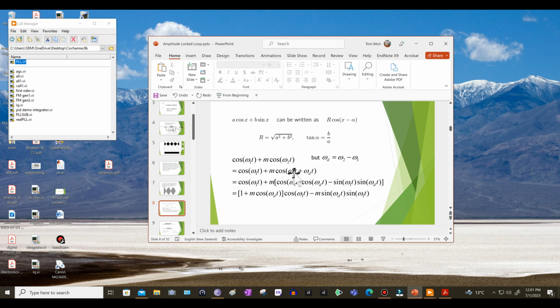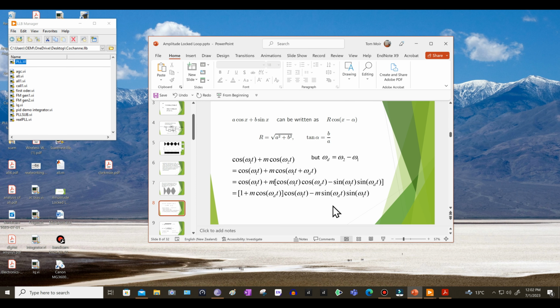But cos of a plus b, if you like, is cos cos minus sin sin, so we can expand that with the usual trigonometric formula. And collect terms of all the cos omega 1t over here and the sin omega 1t on the right hand side, and now we've got it in that form: a cos x plus b sin x, where a is 1 plus m cos omega d t, that's omega difference t, and b is minus m sin omega difference t.